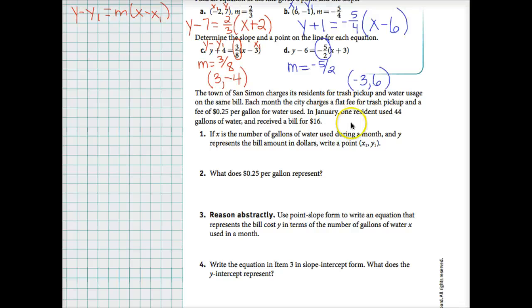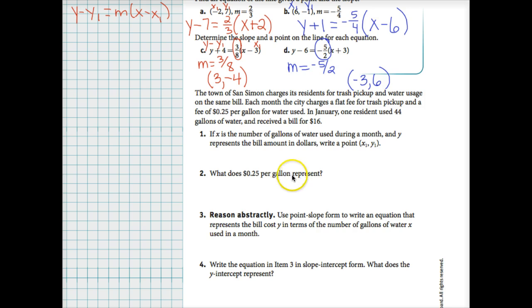All right. So let's continue. The town of San Simons charges its residents for trash pickup and water usage on the same bill. Each month, the city charges a flat fee for trash pickup and a fee of 25 cents per gallon for the water used. In January, one resident used 44 gallons of water and received a bill for $16. It says if X is the number of gallons of water used during a month and Y represents the bill in dollars, write a point X1, Y1.